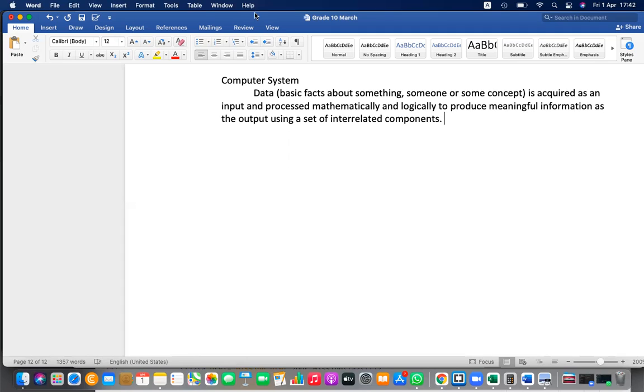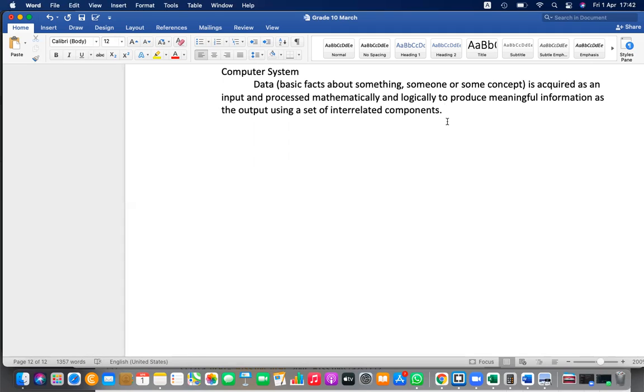Please write this down. What is a system basically?